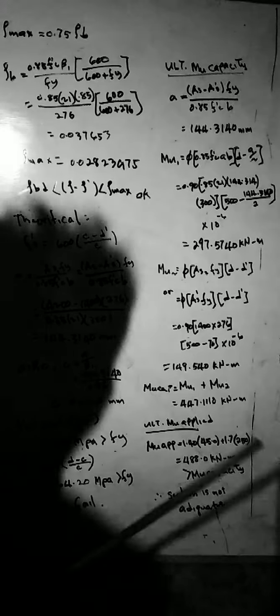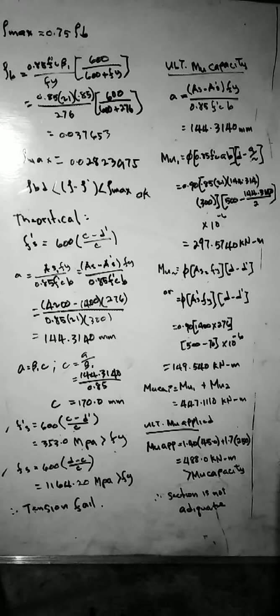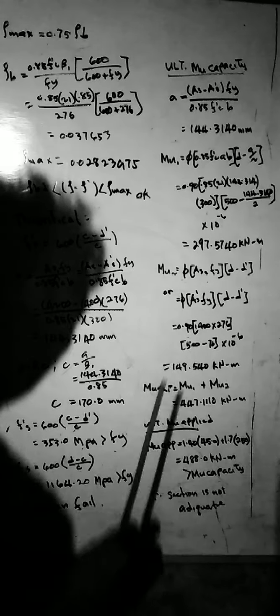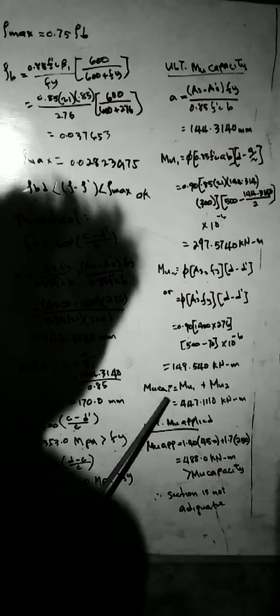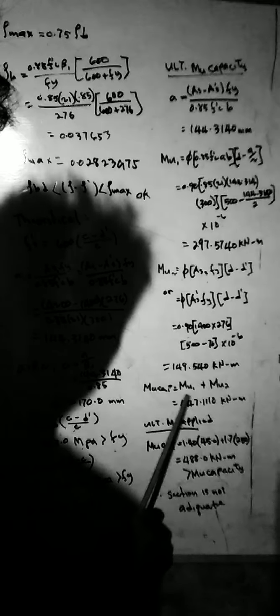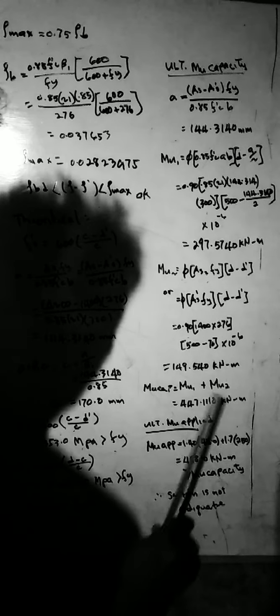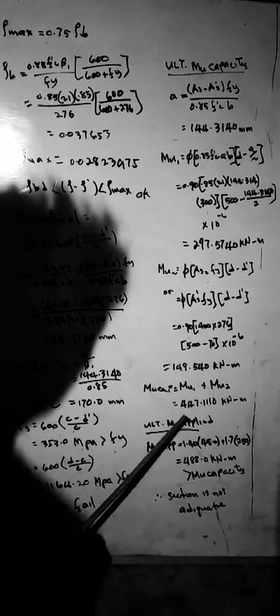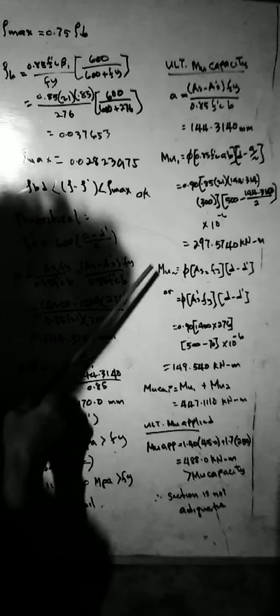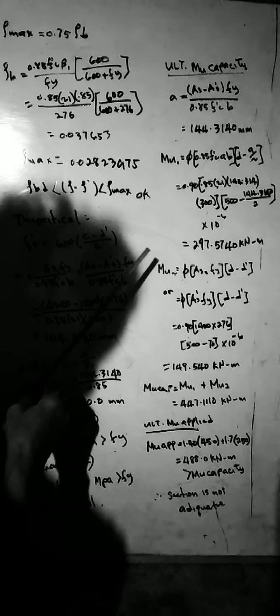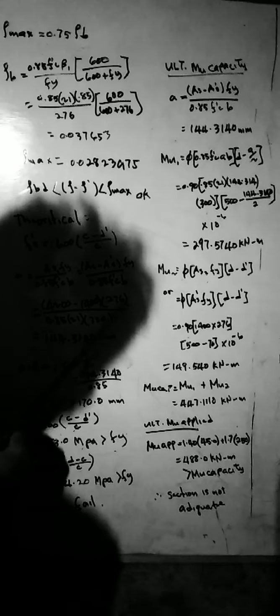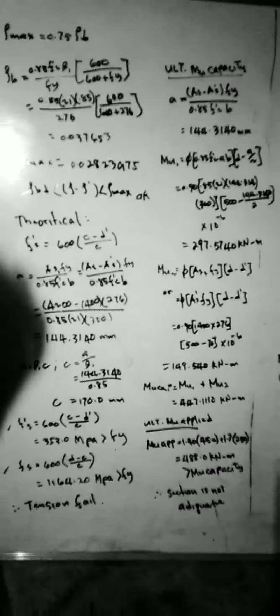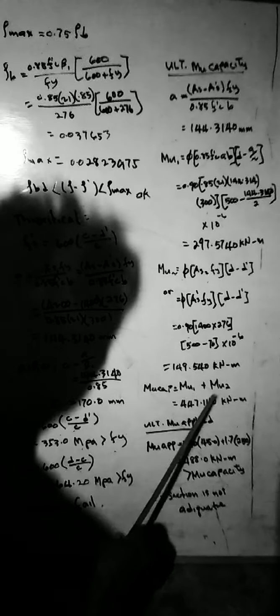So we have two moments there, moment 1 and moment 2. Those are ultimate moments. Combining them, M_u capacity is equal to M_u1 plus M_u2.